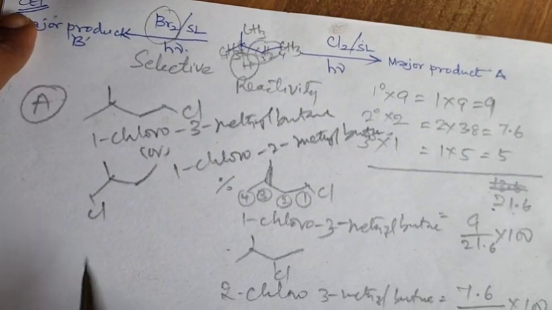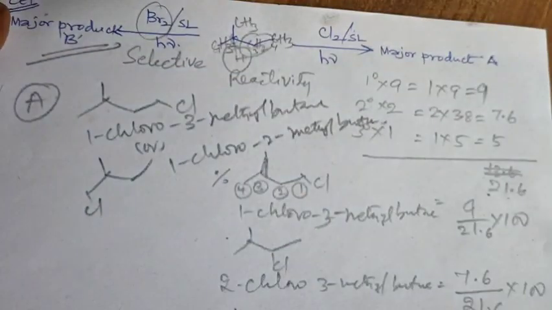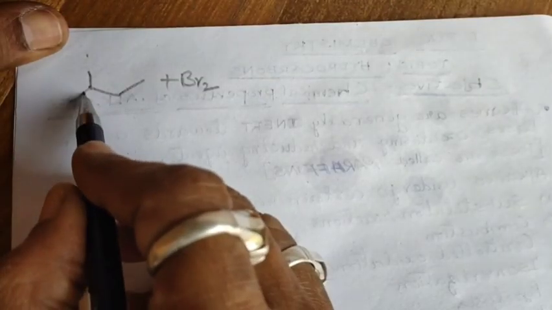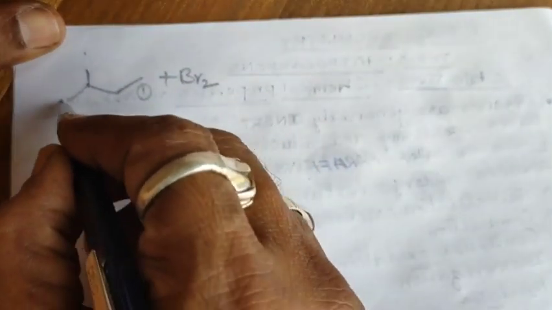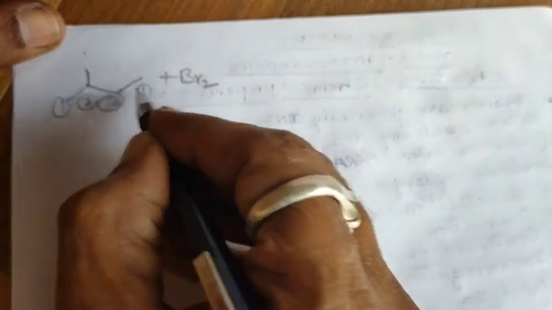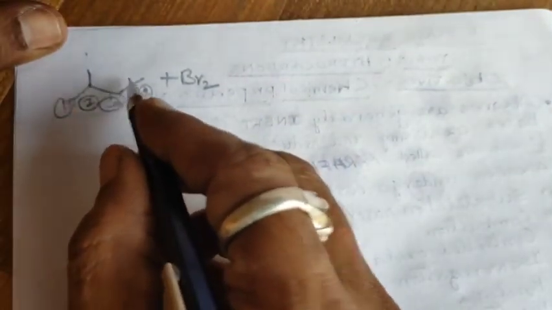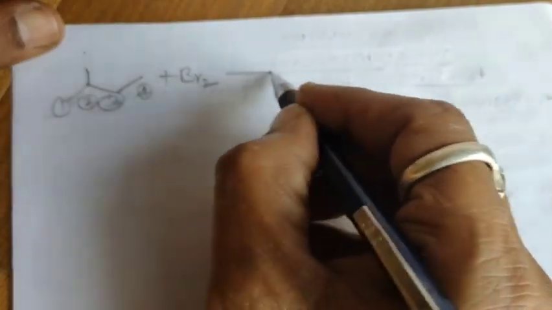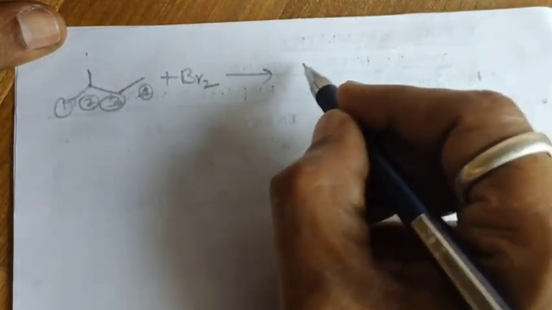Okay. Next, bromination. What happened to bromination? Yes, come to bromination. Take 2-methylbutane, that is isopentane, with bromination. What is resulted?